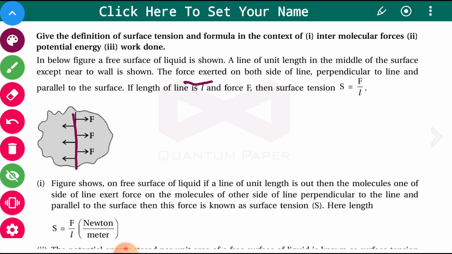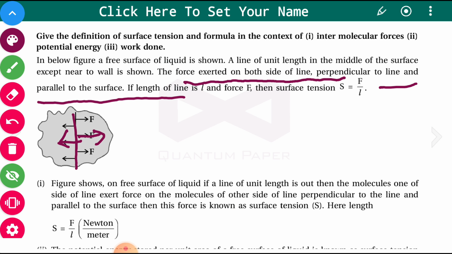Now the force exerted on both sides of the line is perpendicular to the line. One force is exerted in this direction, the other force in this direction. So the force exerted on both sides of the line is perpendicular to the line and parallel to the surface.